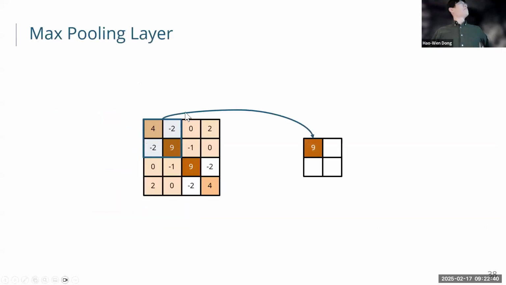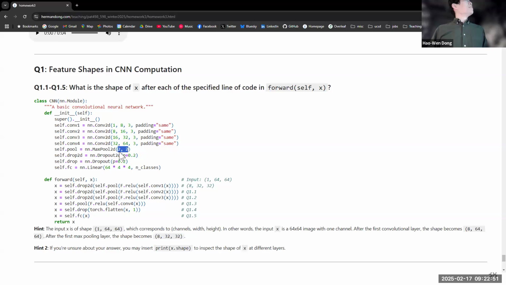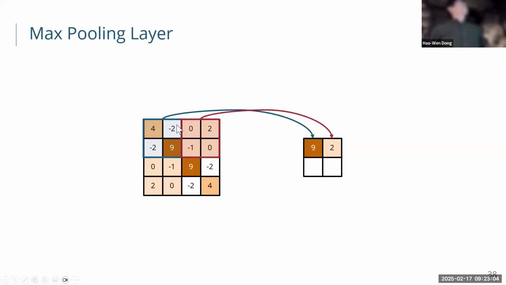That means we are using a 2 by 2 filter, and then we jump. The first parameter is the size, so it's 2 by 2, and the second one is the stride, so it jumps by 2. That's the max pooling layer here.